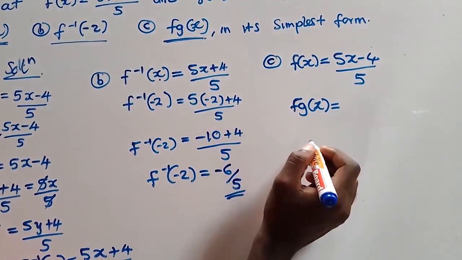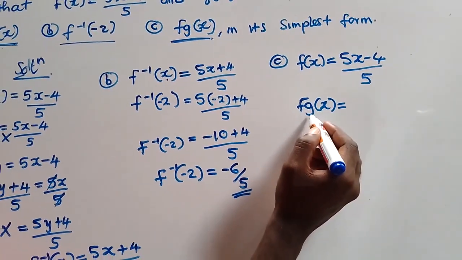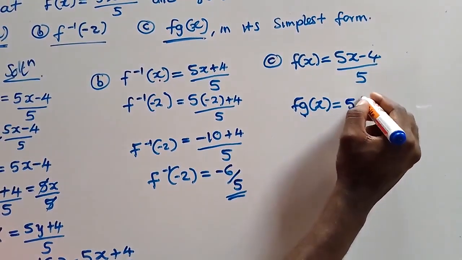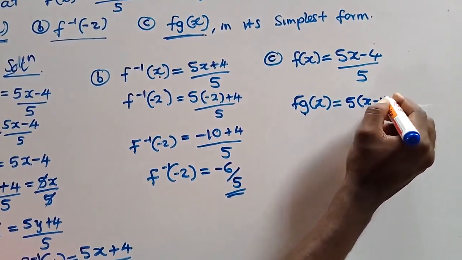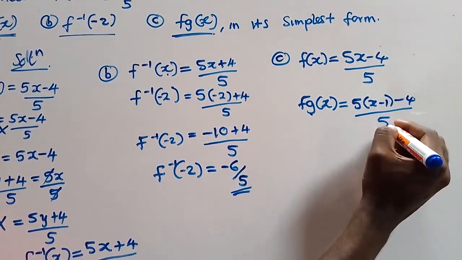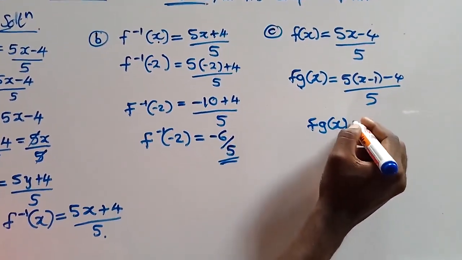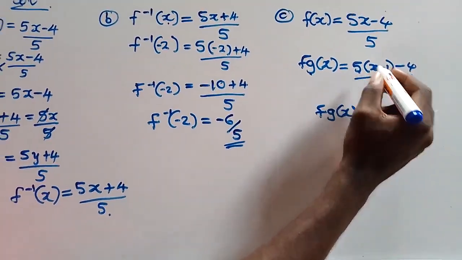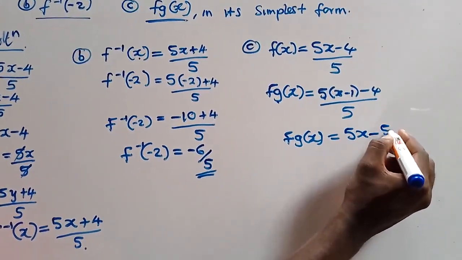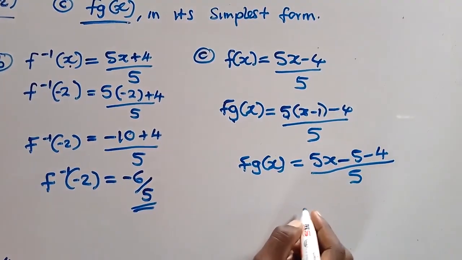These are composite functions. So where there is x, that's where we're going to put this function g. G is just x minus 1. So 5, then open bracket, x minus 1, minus 4, over 5.